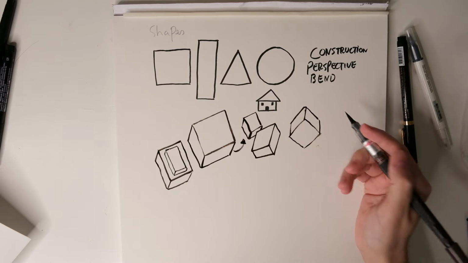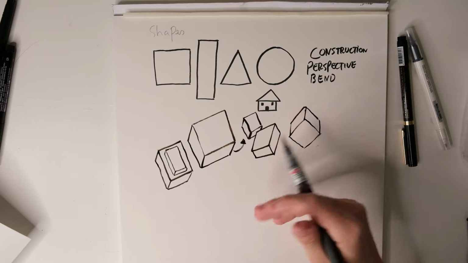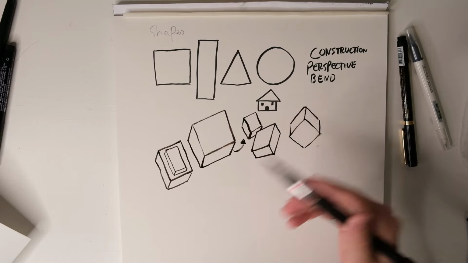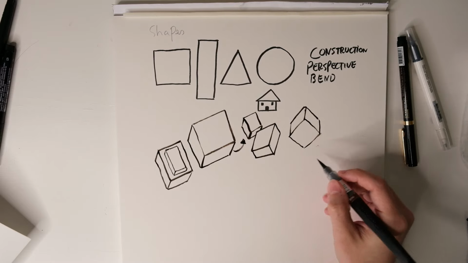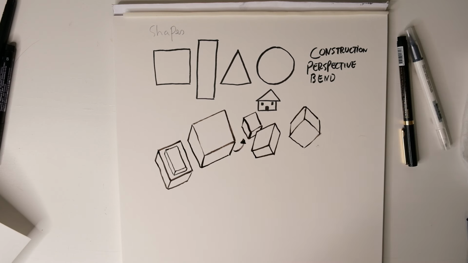So this is a big skill, is applying perspective to a 3D object, to be able to rotate it. I don't want to say that it's easy, it just comes as you practice.